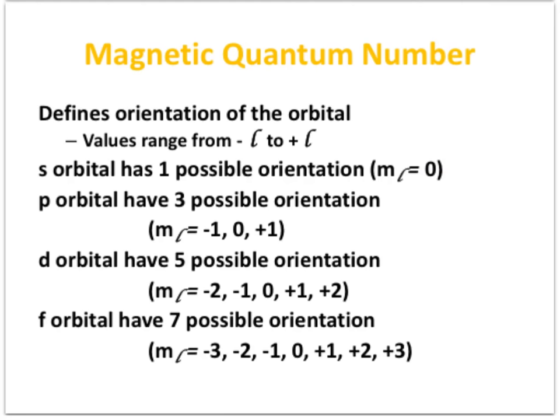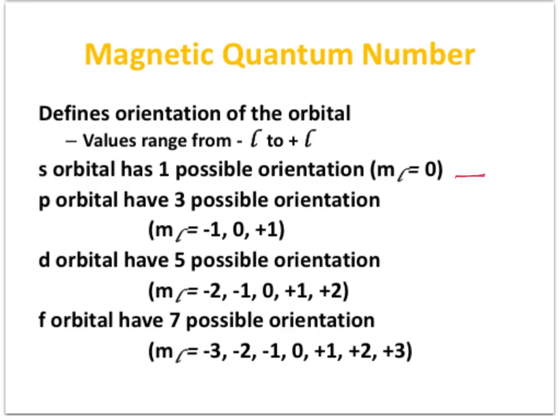So that means our s orbital has one possible orientation. The p orbital has 3 possible orientations. Remember, the l value for the p is 1, so we can have -1, 0, +1, because it ranges from negative l to positive l.